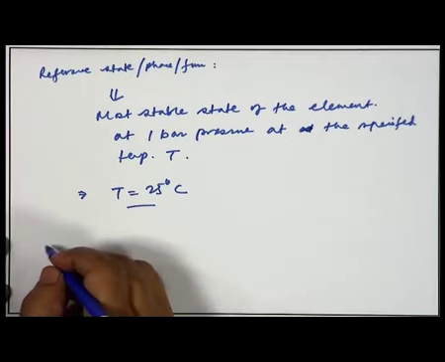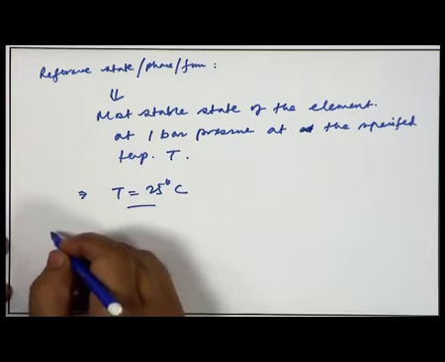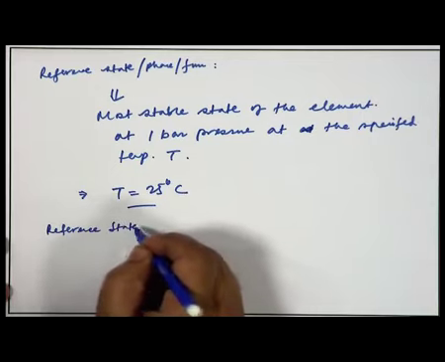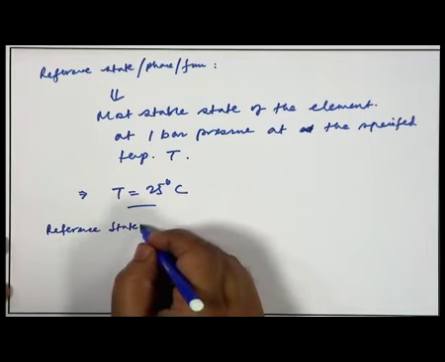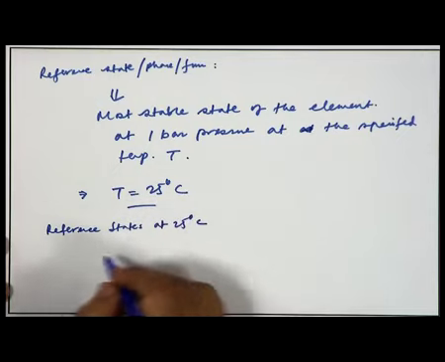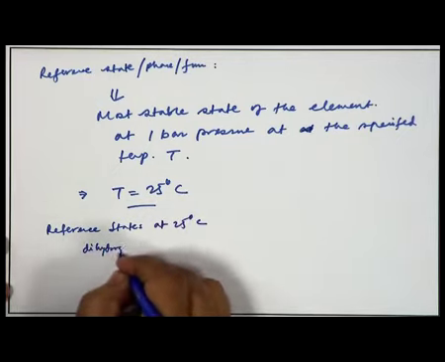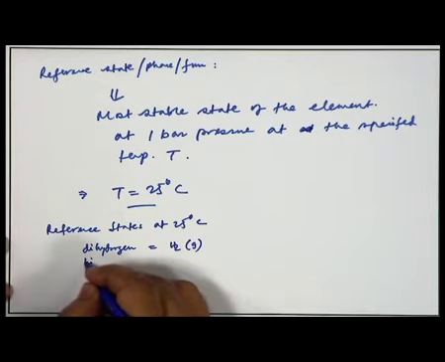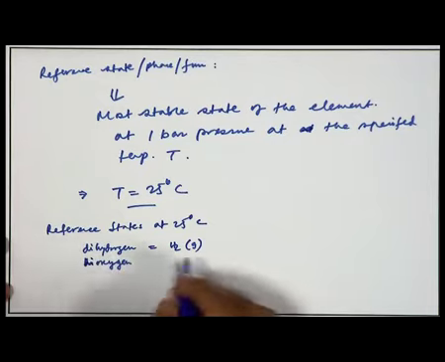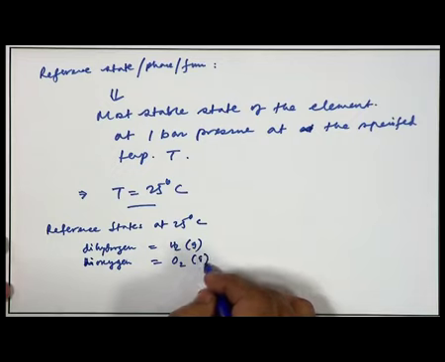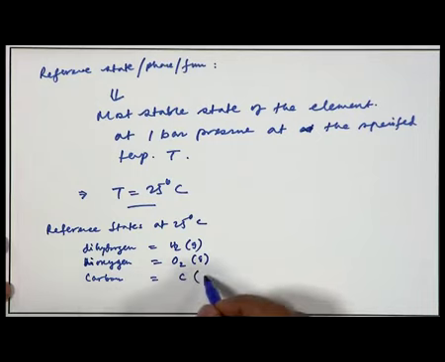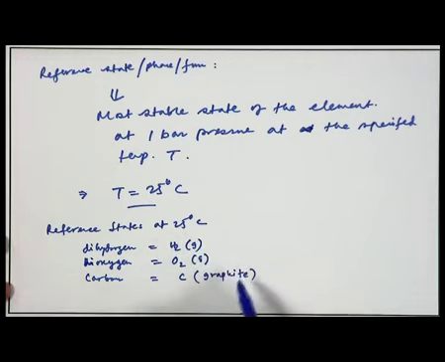What are examples of standard reference states? Here are reference states for some common substances at 25 degree centigrade. Dihydrogen is hydrogen gas. Similarly, dioxygen is oxygen gas. Carbon is carbon in graphite form at 25 degree centigrade and 1 bar pressure.